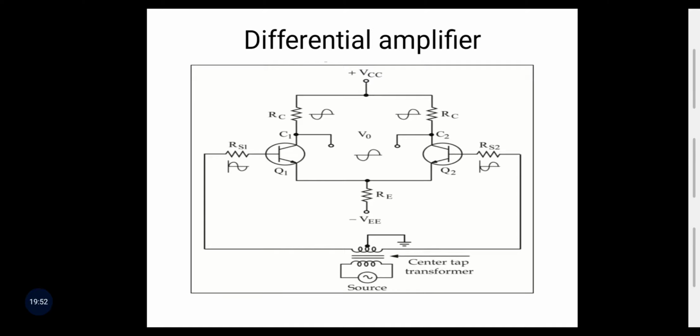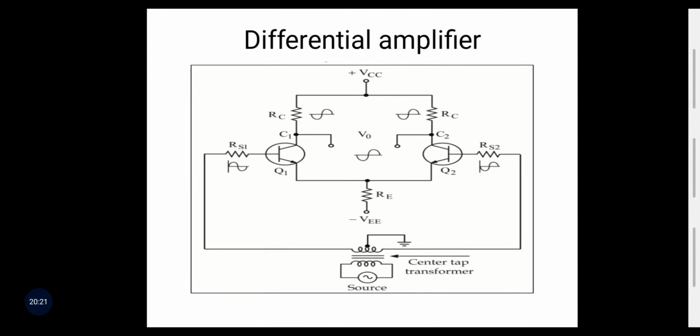When we consider input signals which are the same in magnitude but 180 degrees out of phase, because we use a center tapped transformer, one signal is a positive signal and another is a negative signal. Assume the base of Q1 is positive going, while the base of Q2 is negative going.